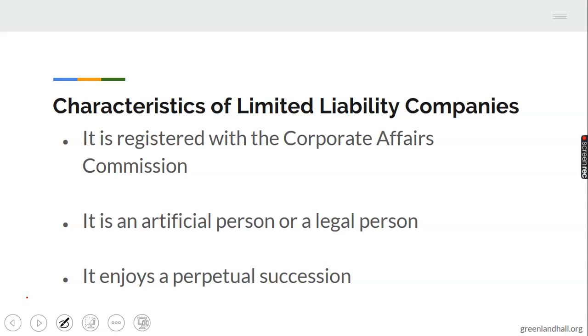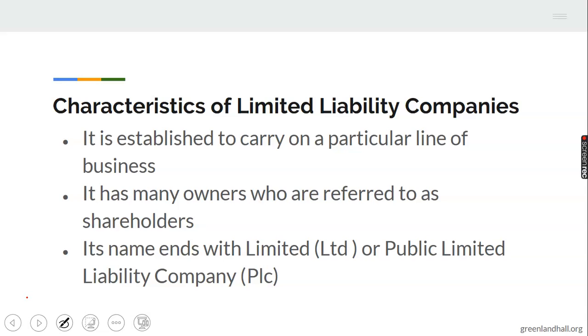So a company is an artificial person that can eventually sue and that can be sued in the court of law. Then it enjoys a perpetual succession. That is, it has an unlimited number of years for its existence. And that's the reason why a company can exist for 50 years, 100 years, and even above.